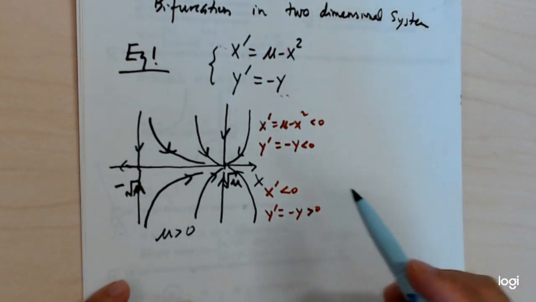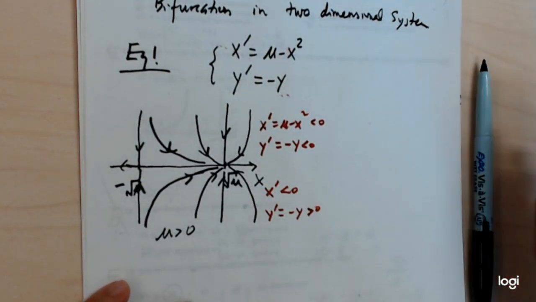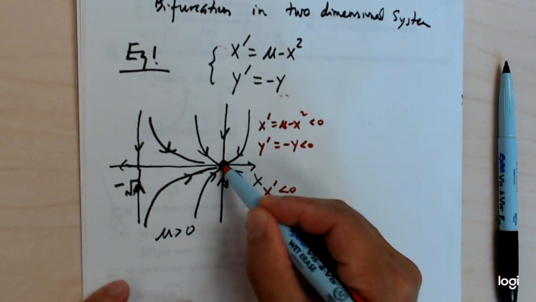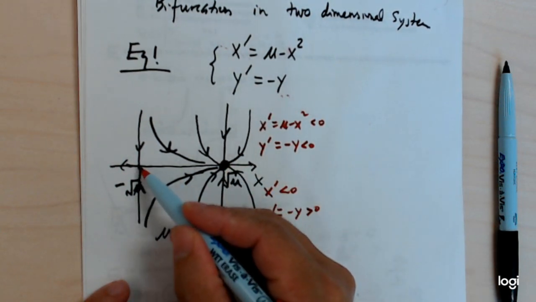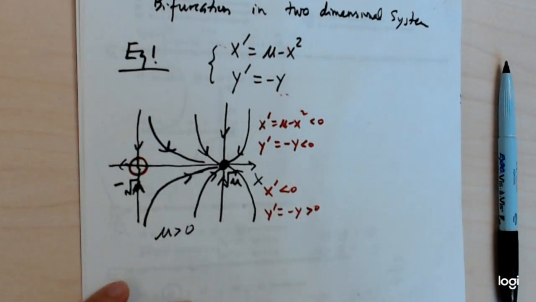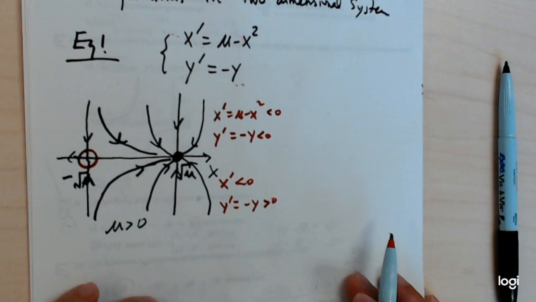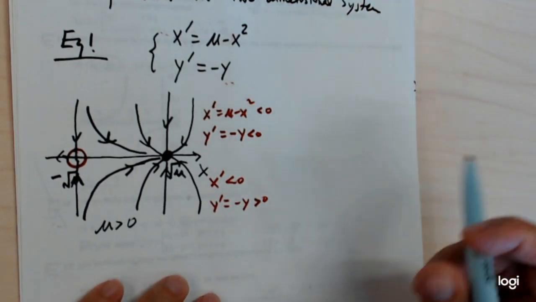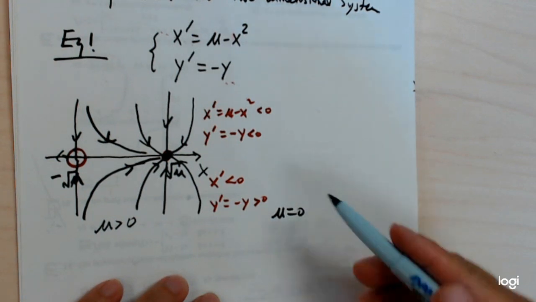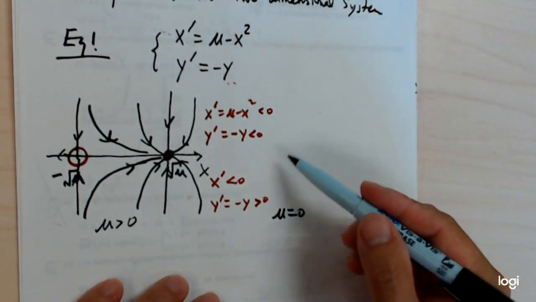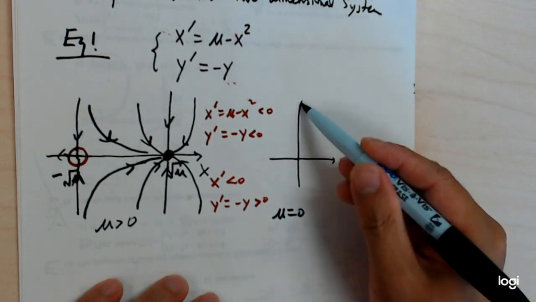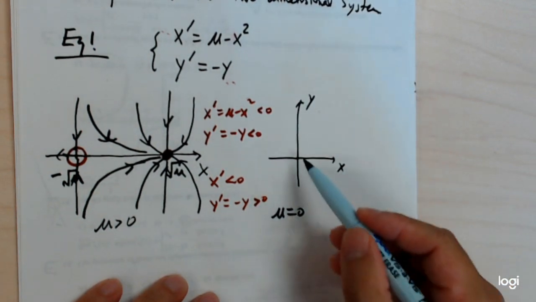The phase portrait eventually will show you that the positive square root of mu is stable, and the negative square root of mu is unstable. And when mu is 0, there is only one equilibrium, which is (0, 0).